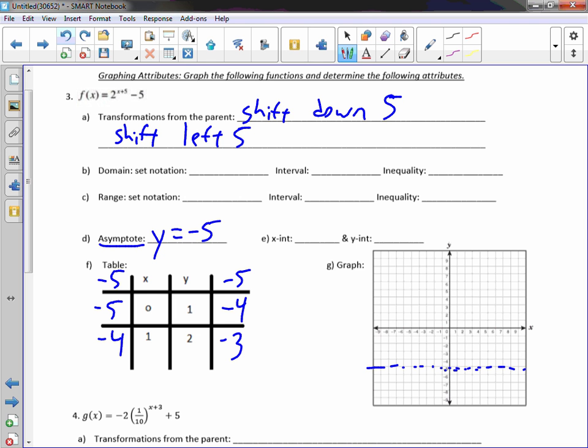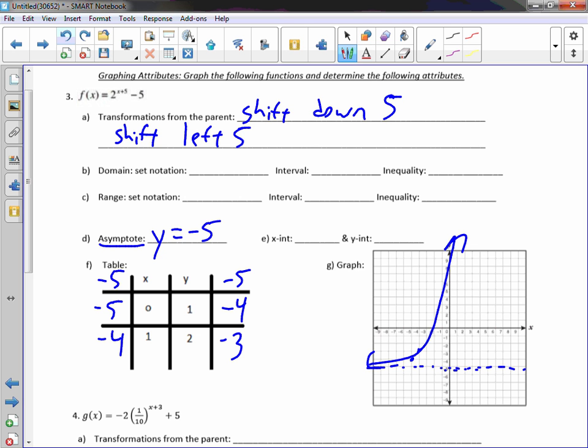The point -5, -4 and the point -4, -3 means that my graph looks something like that. Notice we're giving you the parent function points here. Obviously, this is a multiple choice test. You will not have to graph anything on your own, but you may see which graph represents this function, something along those lines. Or what is the asymptote of the graph?